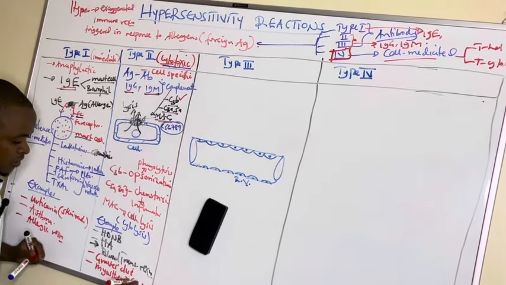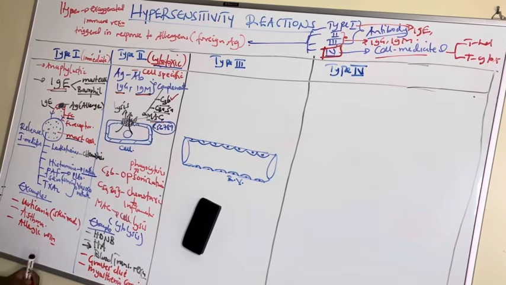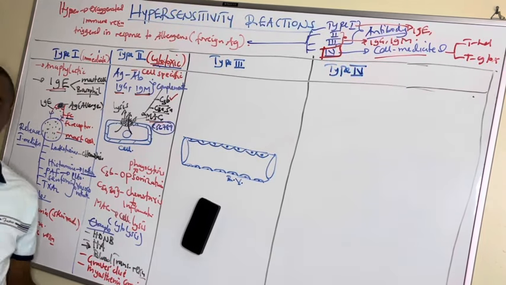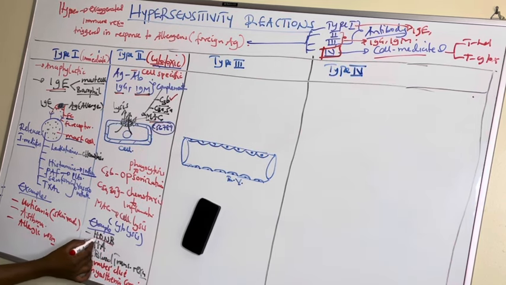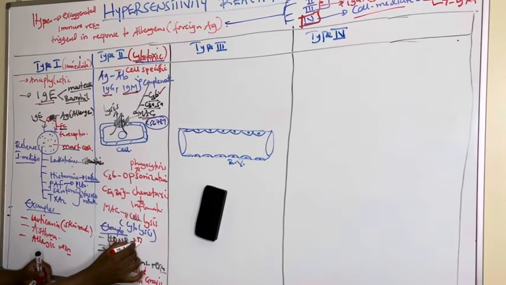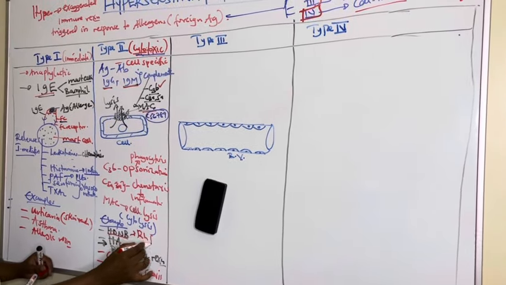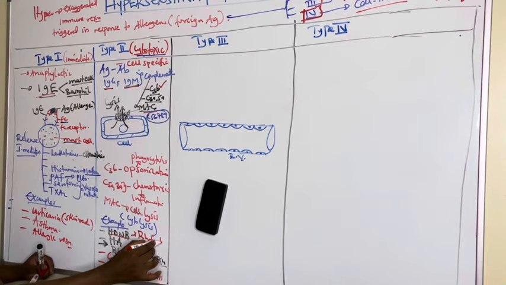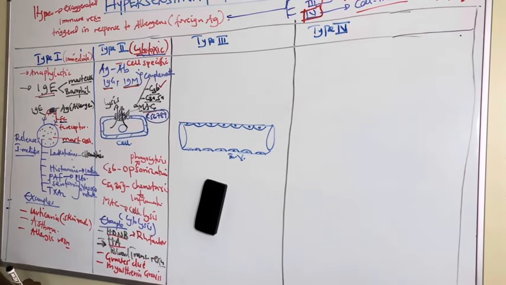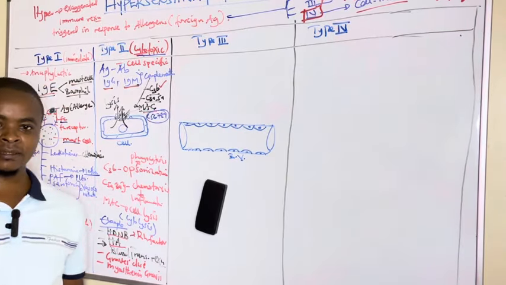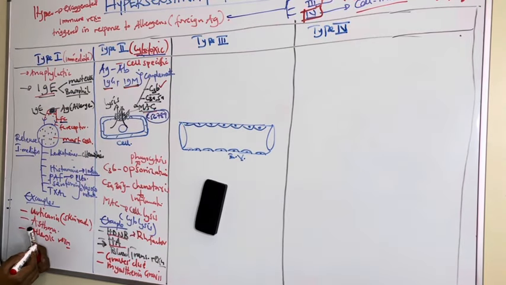So myasthenia gravis is also an example of type 2 hypersensitivity reaction. Hemolytic disease of the newborn is due to rhesus factor incompatibility of the mother and the fetus, whereas hemolytic anemias cause increased cell lysis, that is red cells being destroyed.